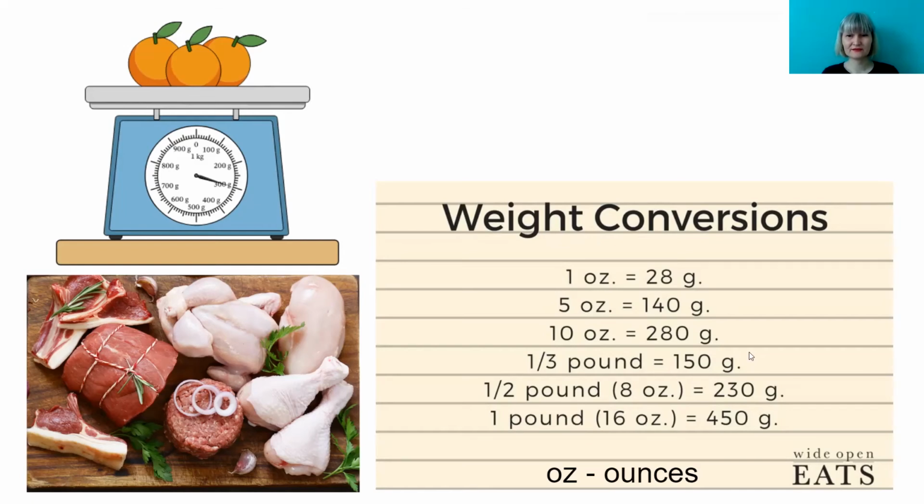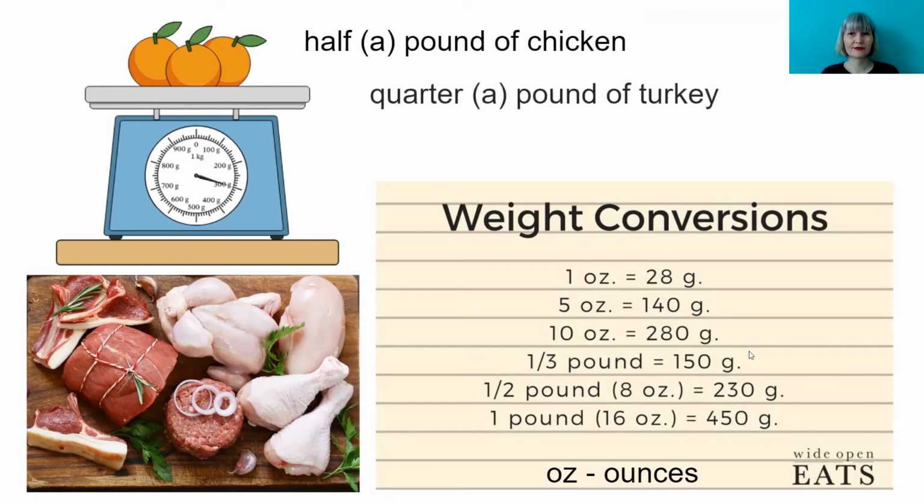Half a pound, again, we can say half a pound or half pound of chicken, quarter pound or quarter a pound of turkey, third a pound of pork, треть фунта свинины, четверть фунта индюшки, пол фунта курятины, да, and OZ, сокращение contraction is ounces, унции.